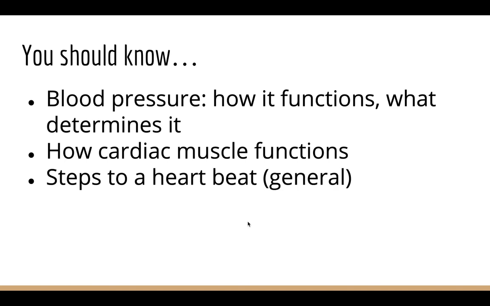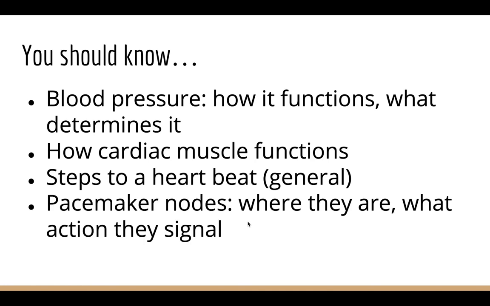And then the general steps to a heartbeat. Okay, you don't need to know a ton of specifics, but we did need to talk about the cardiac cycle. More specifically, you should know about those nodes, where they are, what action they signal. So we should know about SA and AV node, where they're located, and how the SA node triggers atrial contractions and AV node triggers ventricular contractions.